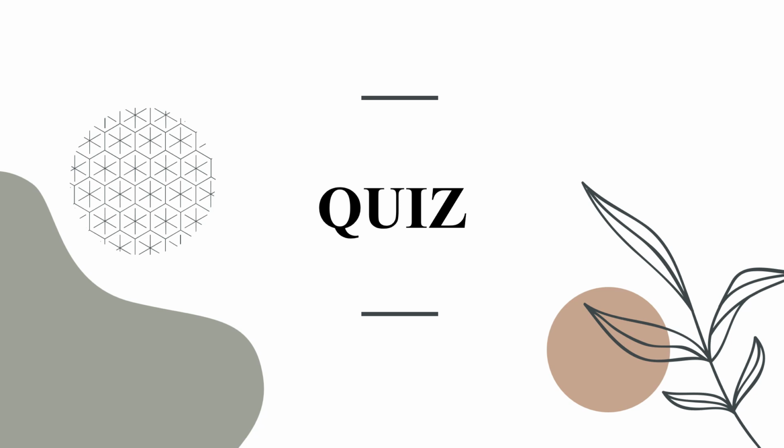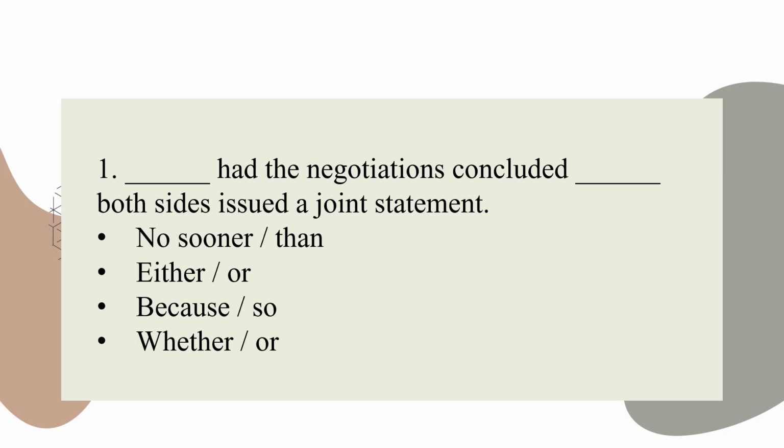In the upcoming slides, a quiz has been presented for you all to complete on your own. So let's try to solve them one by one. Check out the first statement. Dash had the negotiations concluded, dash both sides issued a joint statement.